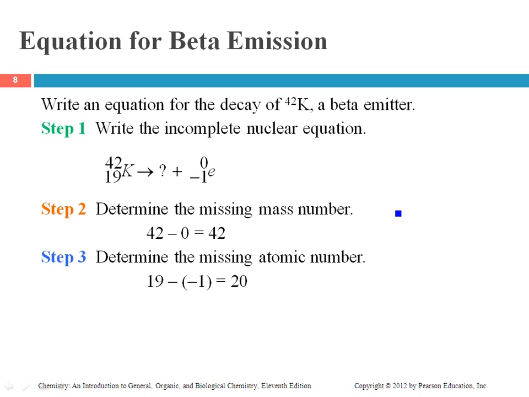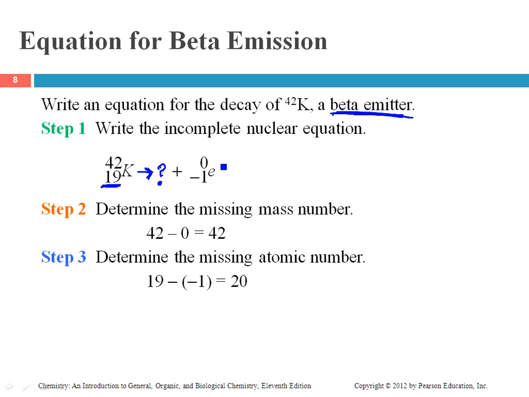Our atomic number is 19, so that's where we get this. We're decaying this sample, so we draw our arrow, and we're going to form something we're not sure of, plus a beta emitter, because we emitted the beta particle. So we have to know what a beta particle looks like.